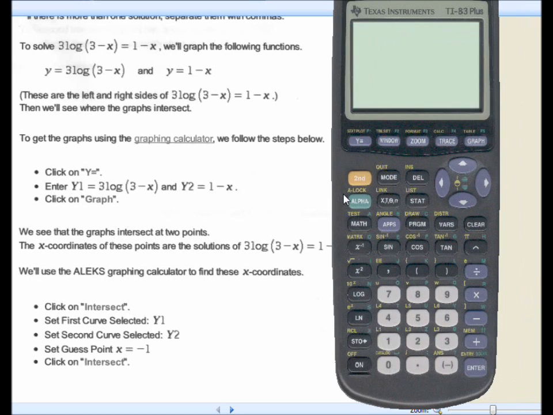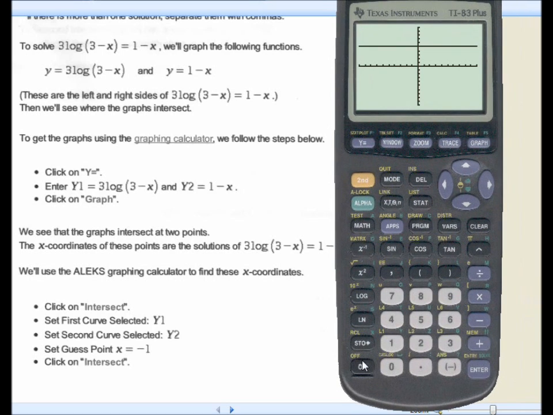So I turn the calculator on and I go to y equals, and what I just had there was left over from a previous problem I worked out. And here we go. I'm going to put y1 in first, 3 times, and log is right here, parentheses, 3, and here's the minus sign.